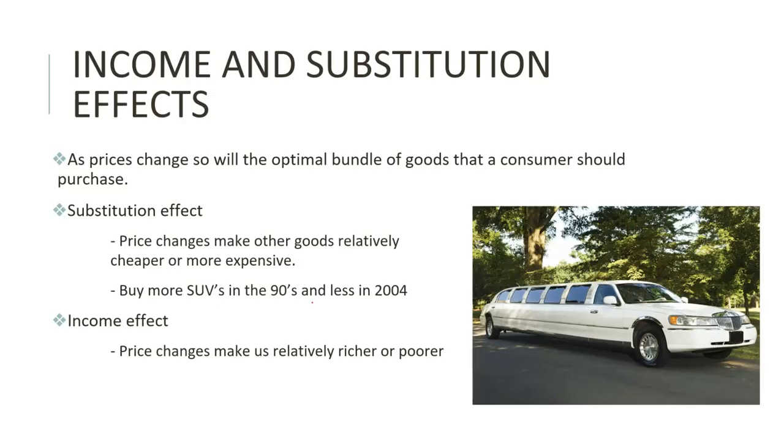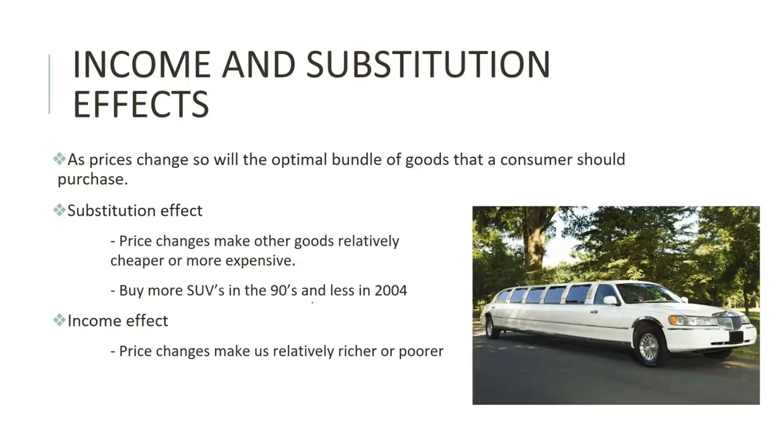In 2025, in 2050, $10,000 is probably not going to be enough money. But if you go back 100 years, 500 years, $10,000 might be way more money. When people used to get paid $2 an hour, $10,000 is a lot different than when you're getting paid $20 an hour. So price changes make us relatively richer or poorer.